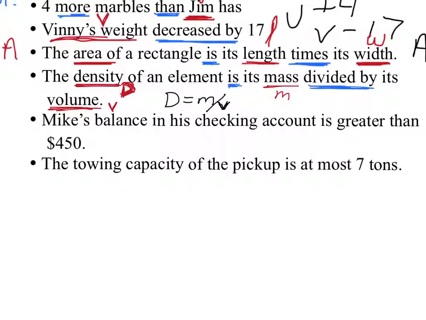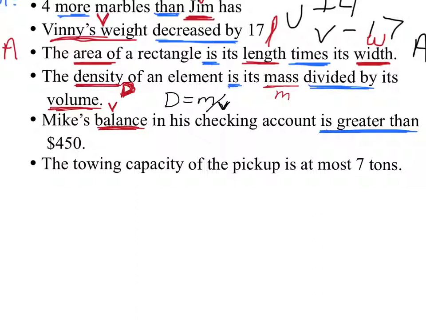Alright, next example, it says Mike's balance in his checking account is greater than $450. The thing that I don't know is Mike's balance. I don't see an operation, but I do see something that's going to tell me this is a sentence, so it's an inequality or equation instead of an expression.